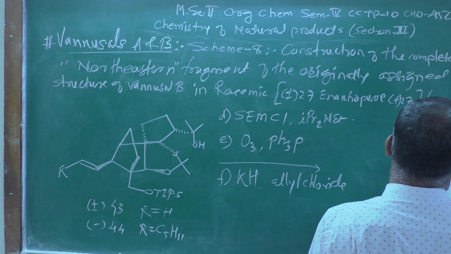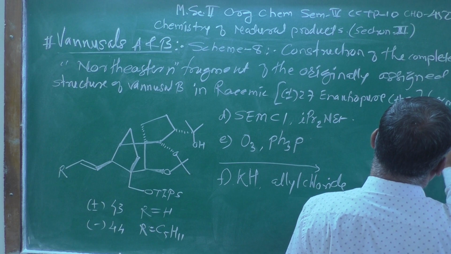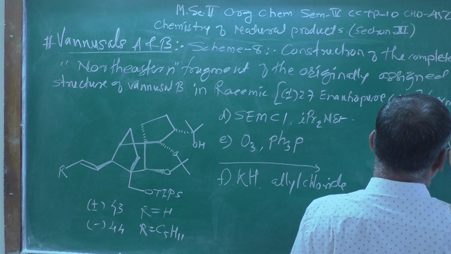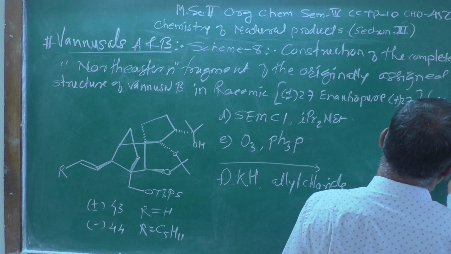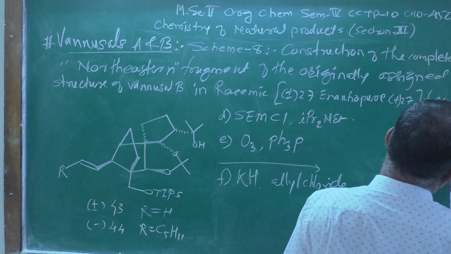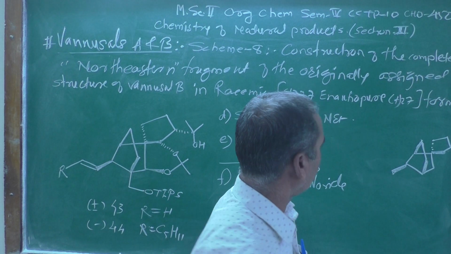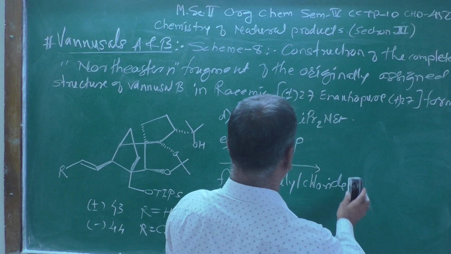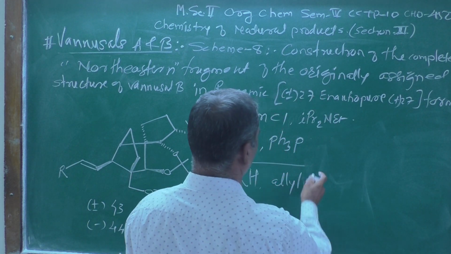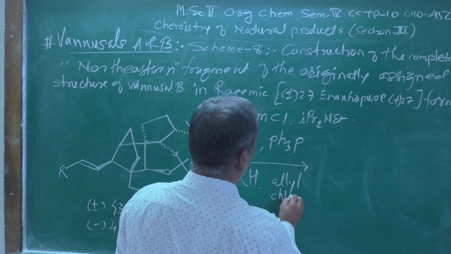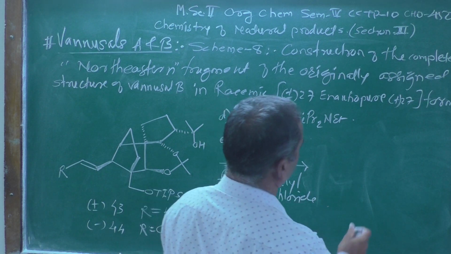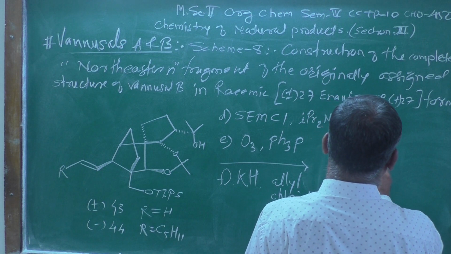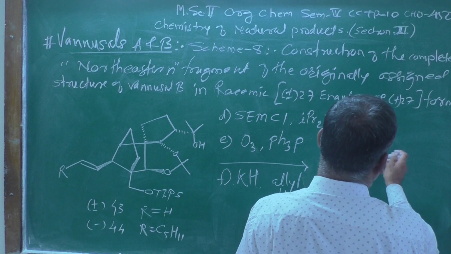Now this 5-membered ring is joined here, then there will be this hydroxy group, O SEM. Let me draw that structure properly over here, so that I can show the allyl chloride part properly. Observe this structure carefully.